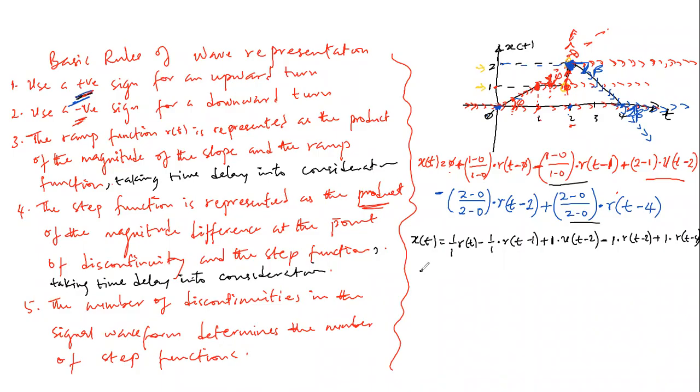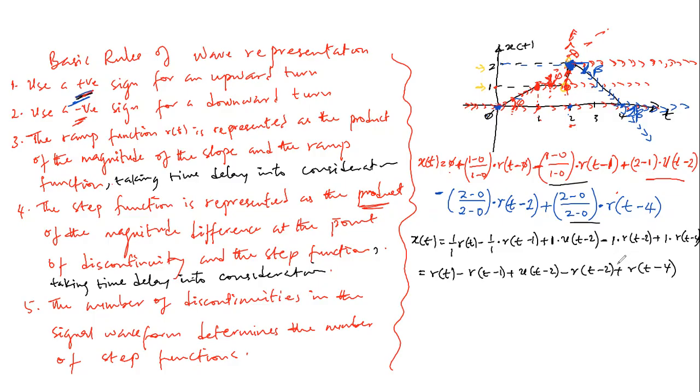So this is going to be the same as r(t) minus r(t minus 1) plus u(t minus 2) minus r(t minus 2) plus r(t minus 4).